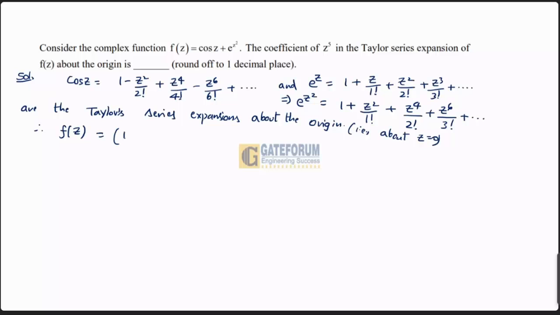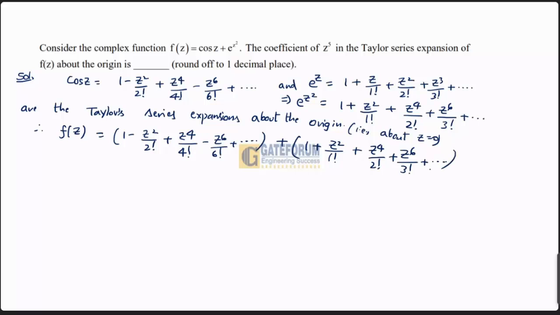Just adding: 1 minus z square by 2 factorial plus z power 4 by 4 factorial minus z power 6 by 6 factorial plus so on, plus 1 plus z square by 1 factorial plus z power 4 by 2 factorial plus z power 6 by 3 factorial plus so on.